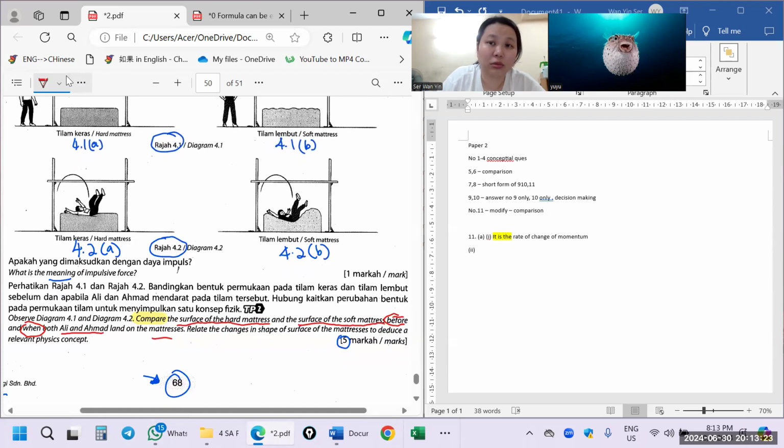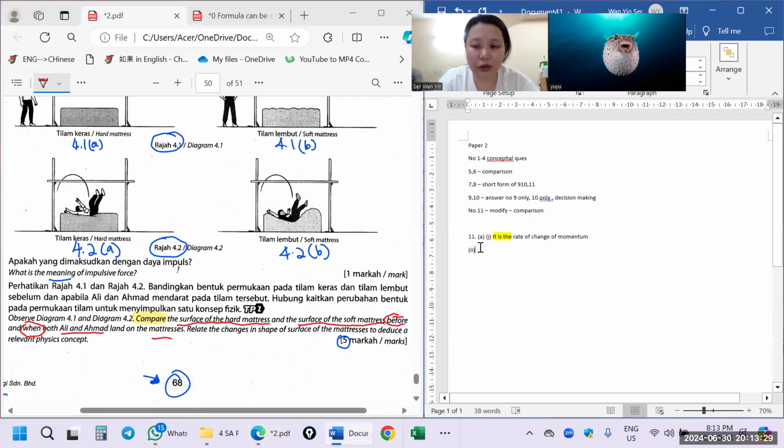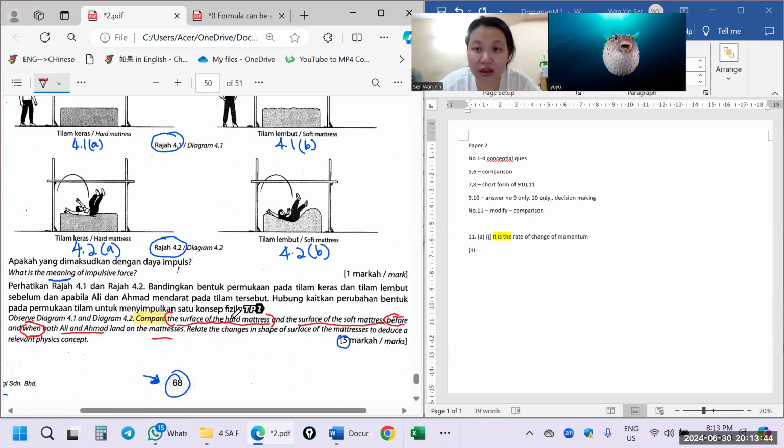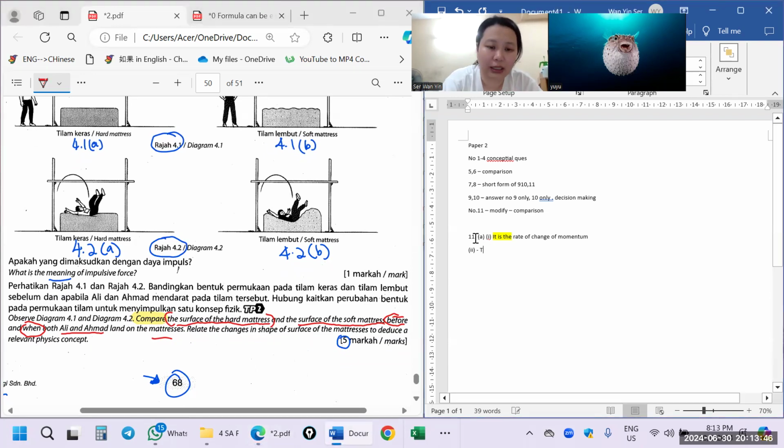So how? So we can start from here. Okay, so in exam you can do this point form but full sentence. Okay, so what is point form but full sentence? We always start with compare the and see the something. So we copy back the surface of the hard mattress, before and when.